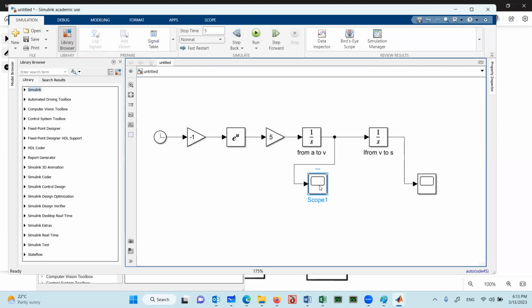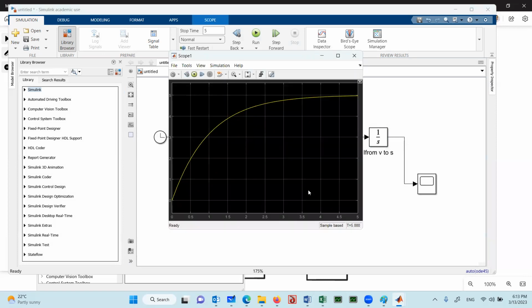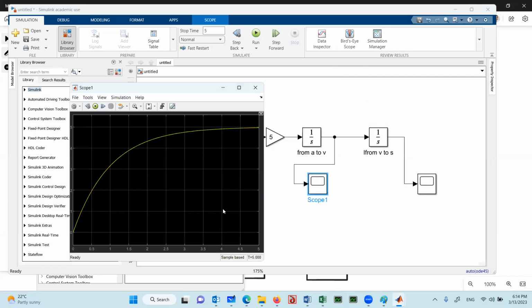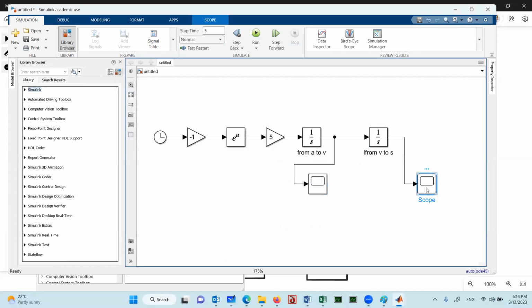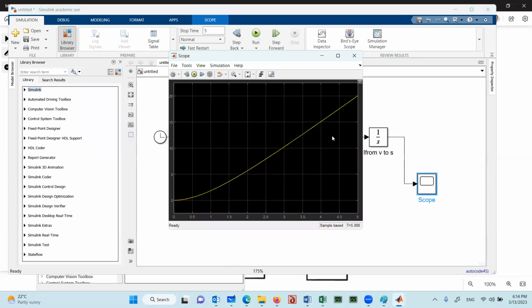Now, let's see what happens here. This one represents the velocity with respect to time. So starting from 0, the speed will go this way. The other one represents the distance, like that.